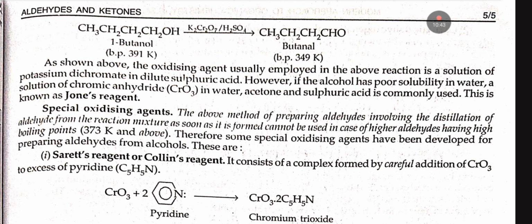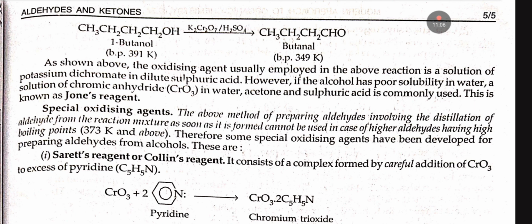This is known as Jones reagent, a special oxidizing agent. The above method of preparing aldehydes, which involves distillation of the aldehyde from the reaction mixture as soon as it is formed, cannot be used in the case of higher aldehydes having high boiling points.